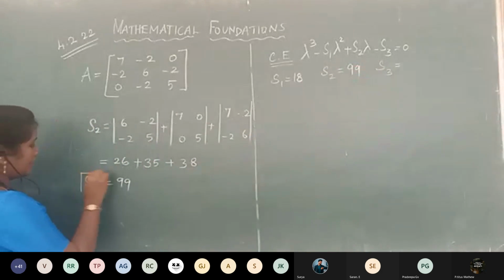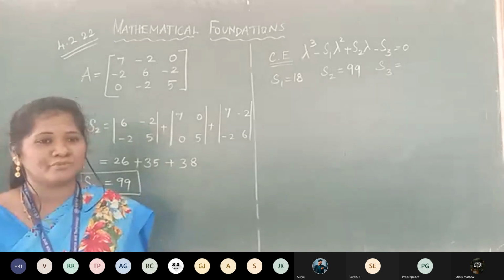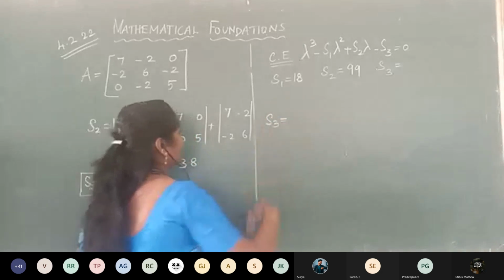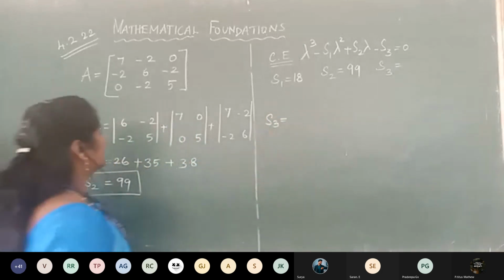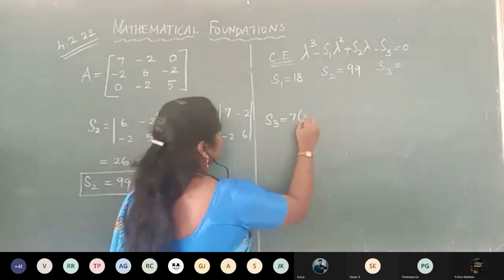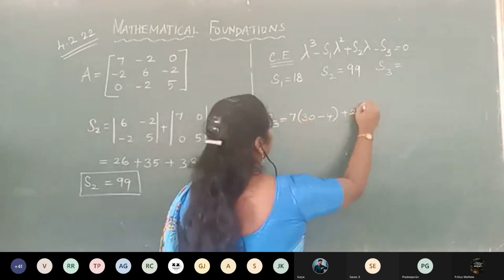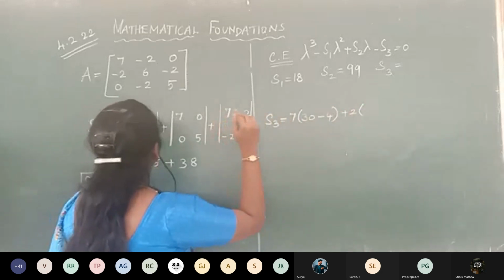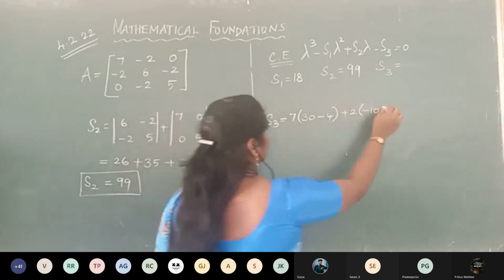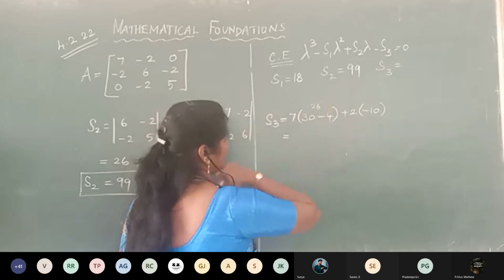Similarly, find out your S3. Find out the determinant of A. Must not take so much time. Do it really very fast, otherwise you won't have time. 26 into 7.